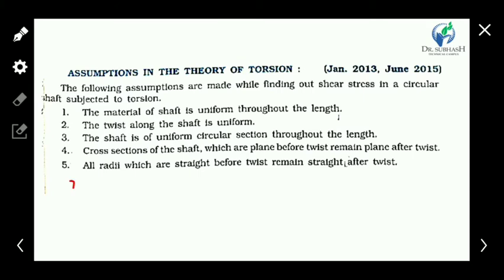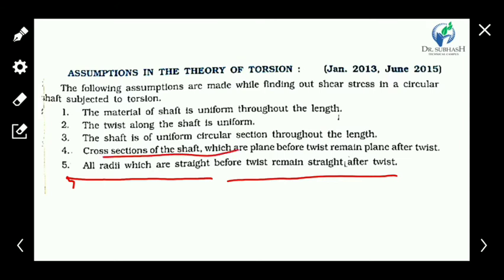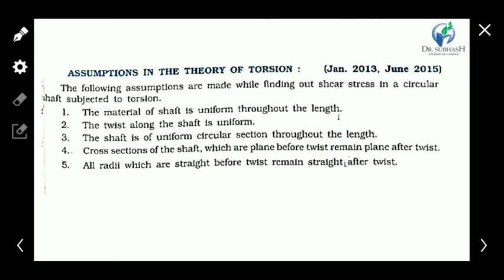All the radii which are straight before twisting remain straight after twisting. Obviously, if the cross section is a flat plane, then the radii remain straight before and after twisting. These are the assumptions considered in the torsion theory.